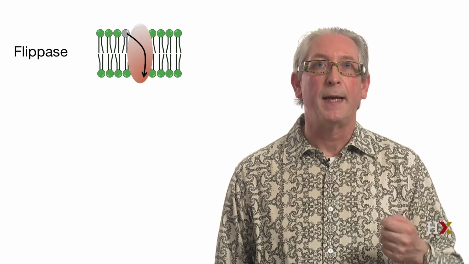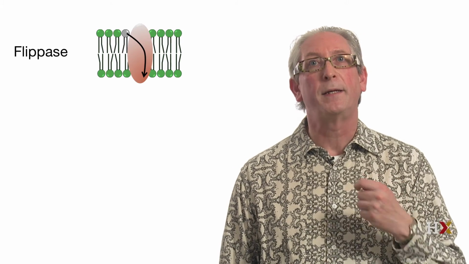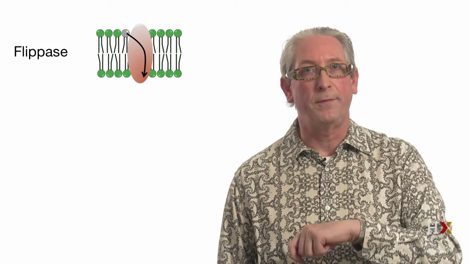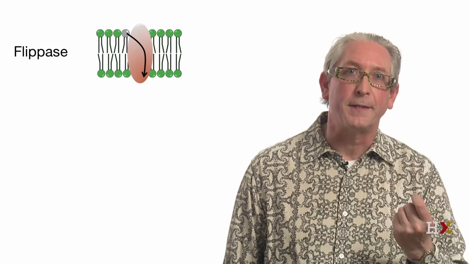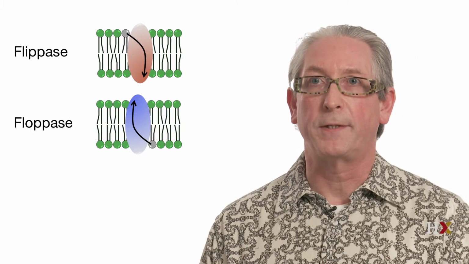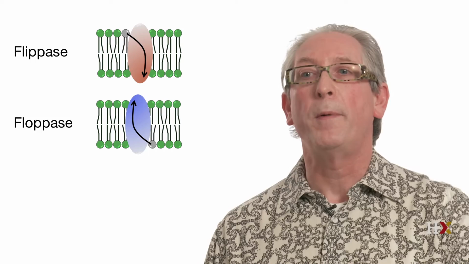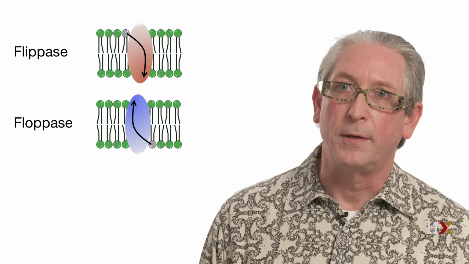And there are three different types of proteins. There is a type of protein called flippase, and they move lipids against their concentration gradient from the outer to the inner leaflet. Then we have floppase, which also move lipids against their concentration gradient, but this time from the inner to the outer leaflet.